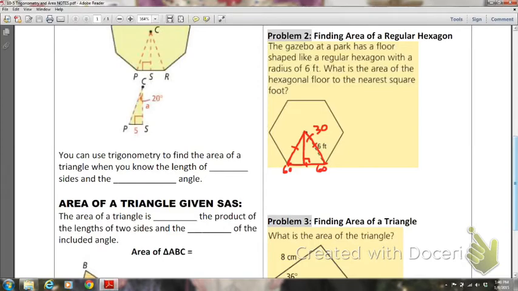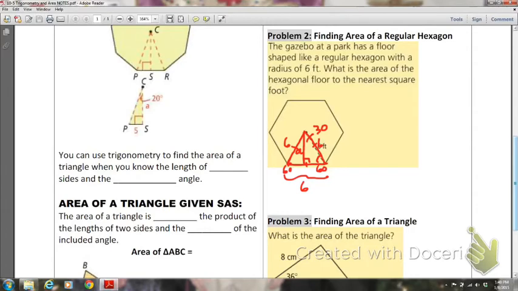So we need to find the length of the apothem, and we need to know the length of this side at the bottom, but since it is an equilateral triangle, we know that this is 6. All 3 of those sides of that triangle are 6. So if that side is 6, and I know that this is a 60-degree angle, then how can we use that?